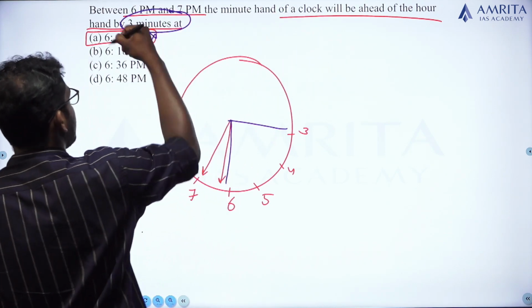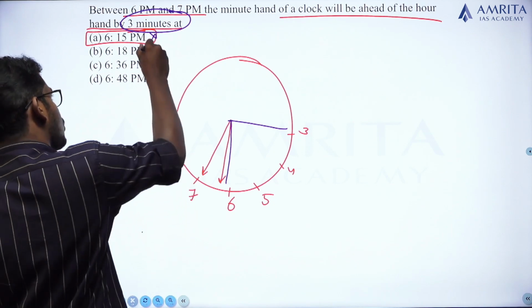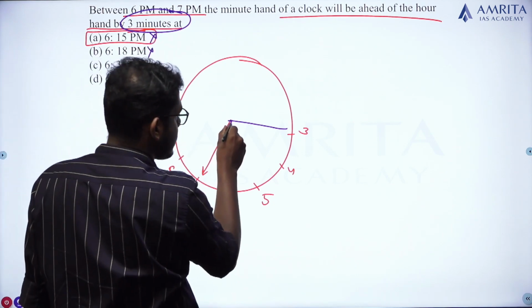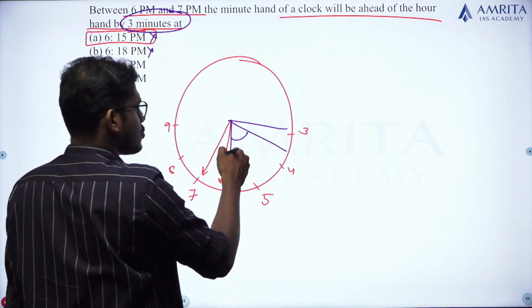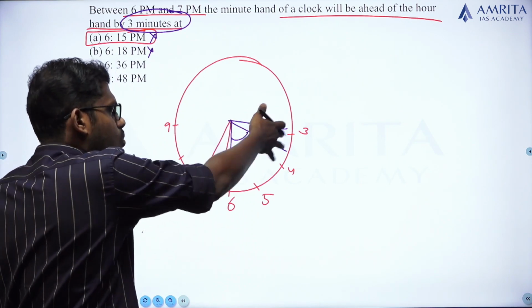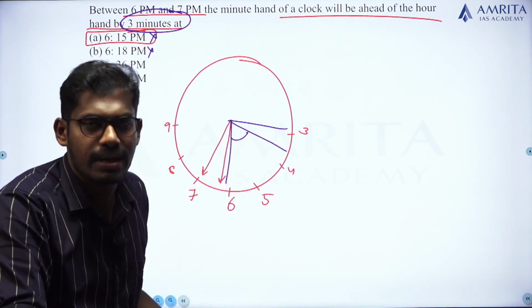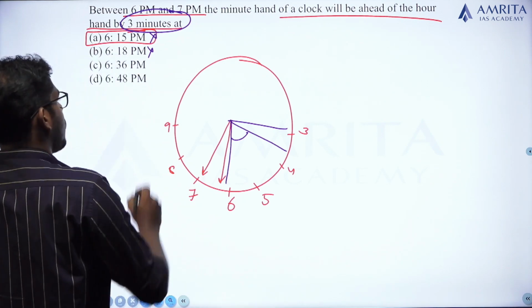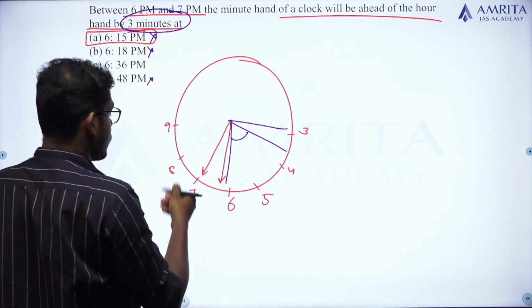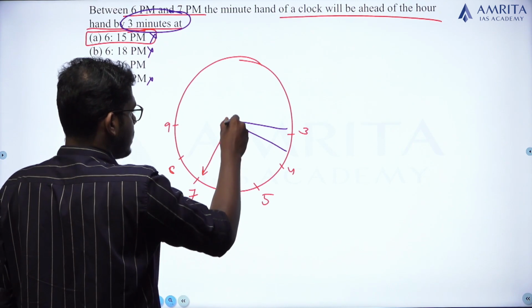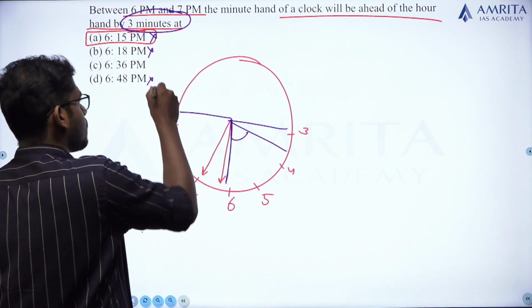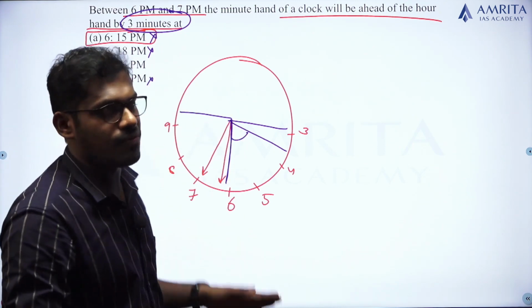So this is not possible in the first case, and also not possible in the second case. 6:18 in the sense it is somewhere like this. So the two hands are not ahead by or differed by 3 minutes. So the second option is not possible, and the last one, 6:48. So this is also not possible because they are not differed by 3 minutes.